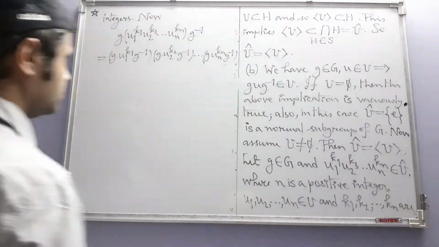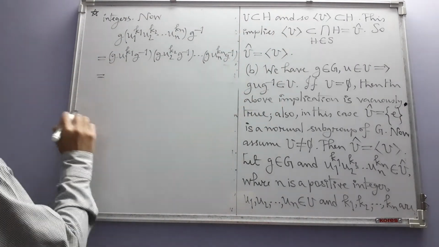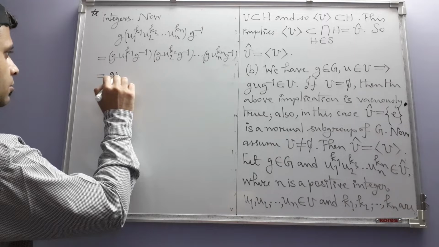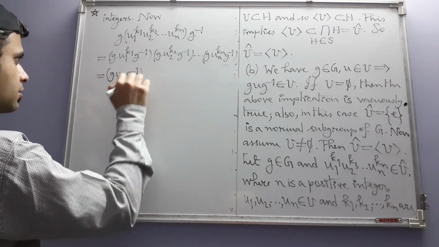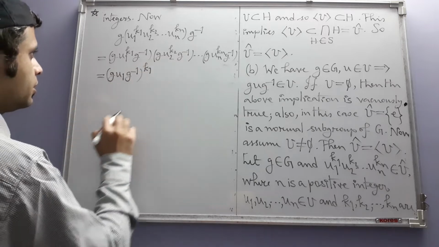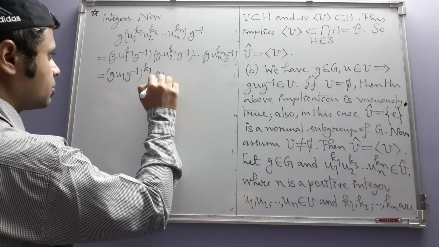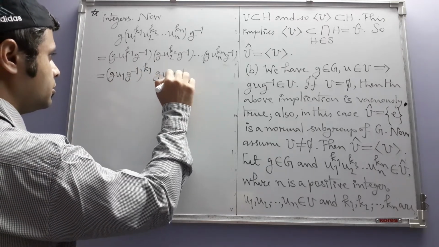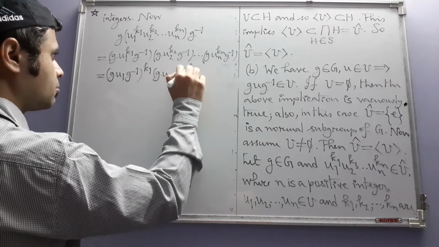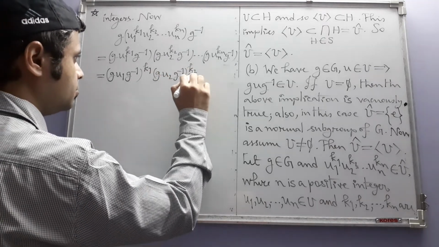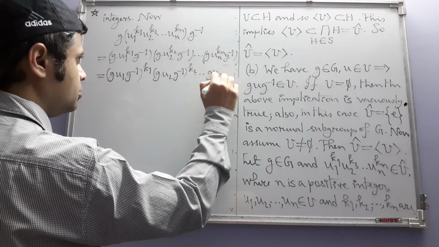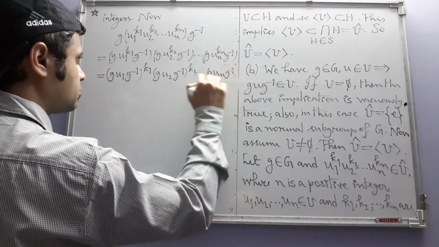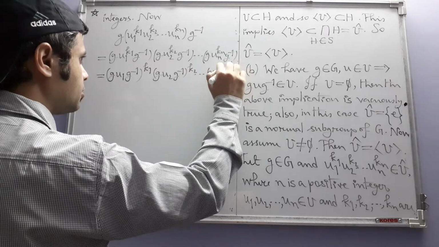Now this can be further written like this: G u1 G inverse to the power k1, G u2 G inverse to the power k2, etc., G un G inverse to the power kn.